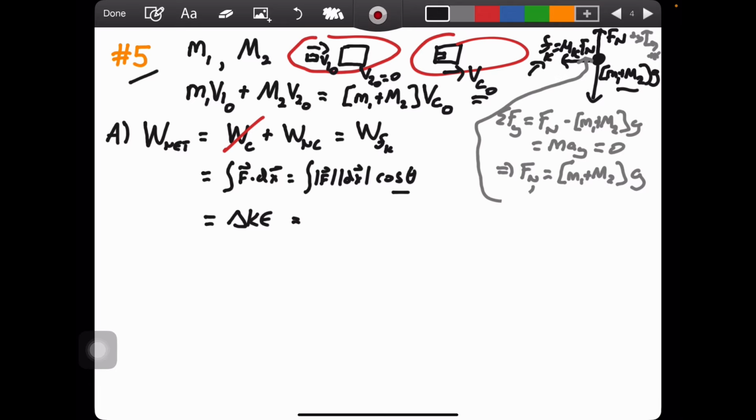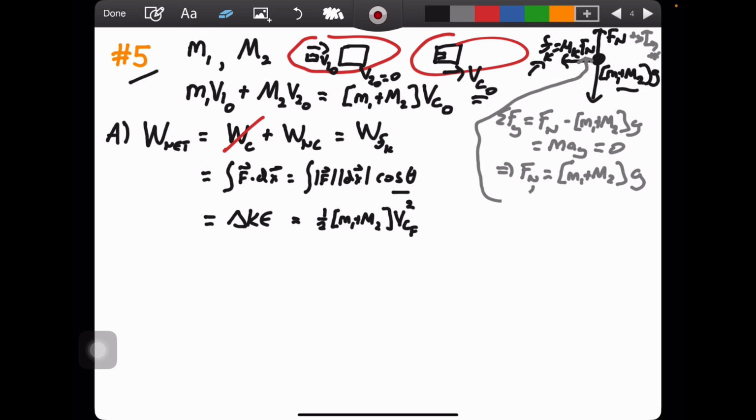And the change in kinetic energy, as I mentioned, is going to be equal to 1/2 the combined mass of the bullet plus the block, whatever the velocity of the combined mass is, squared. And again, this is when it comes to a stop.